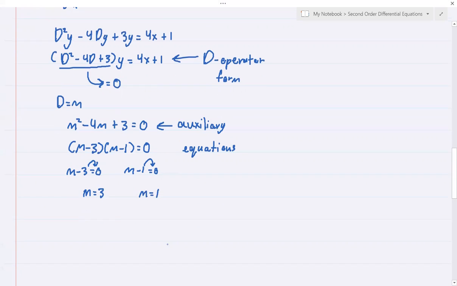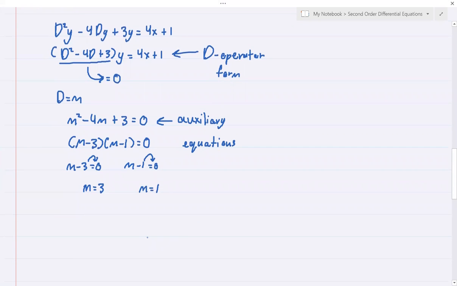Since you have two m values, and they are different from each other but real numbers, your u for the general solution would be A times e raised to small a x plus B times e raised to small b x.